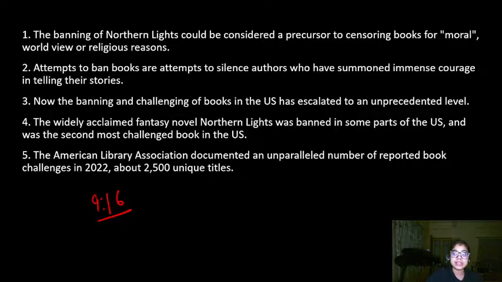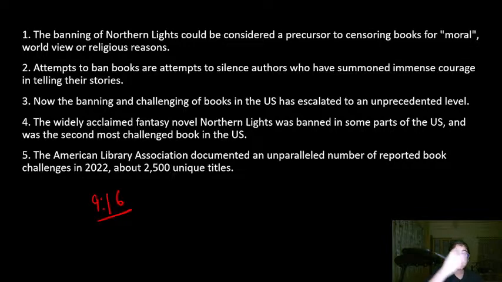Third: Now, the banning and challenging of the books in the US has escalated to an unprecedented level. Fourth: The widely acclaimed fantasy novel Northern Lights was banned in some parts of the US and was the second most challenged book in the US. Fifth: The American Library Association documented an unparalleled number of reported book challenges in 2022, about 2,500 unique titles.